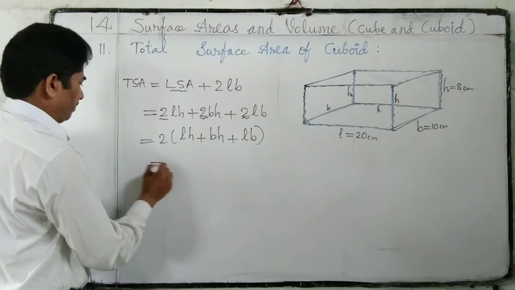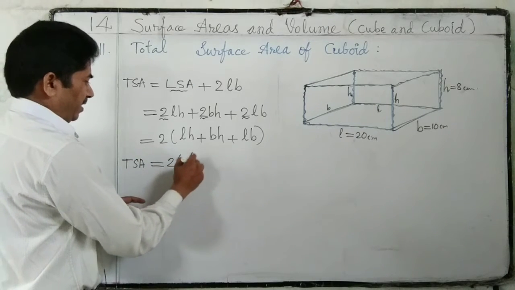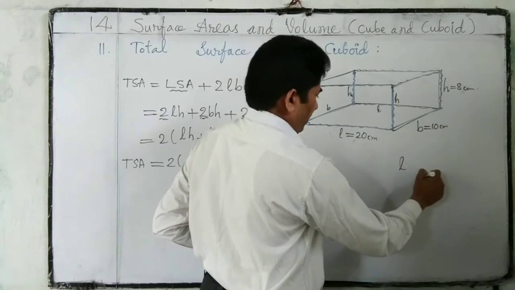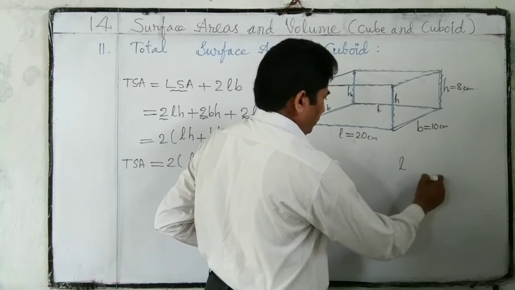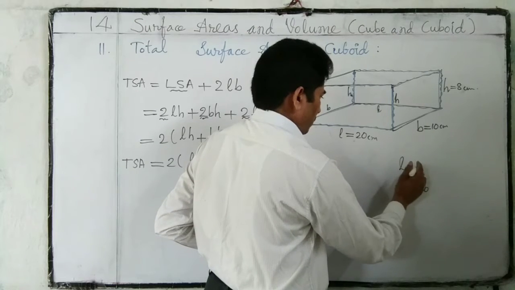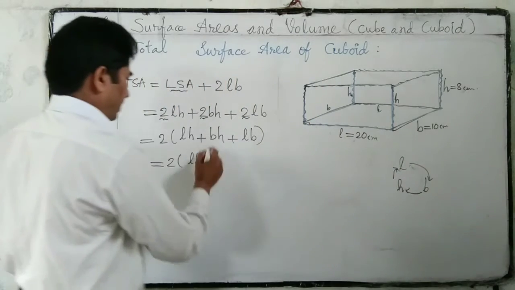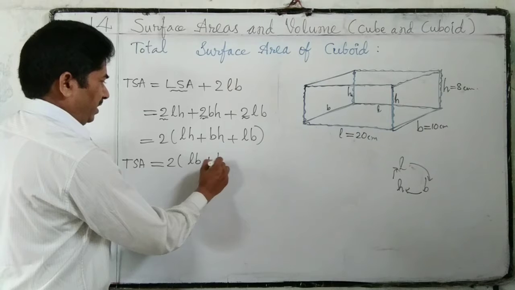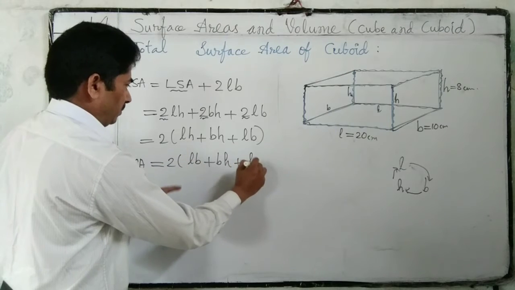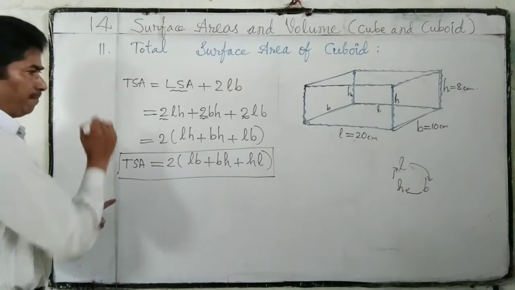If we write in order, total surface area is equal to 2 of LB plus BH plus HL. This is the formula for finding total surface area.